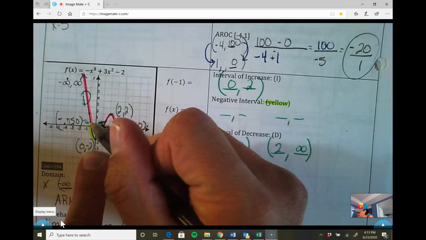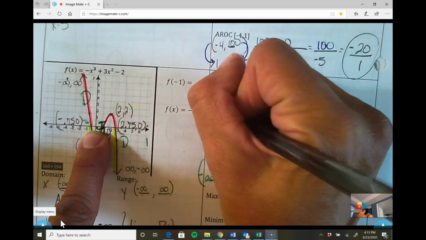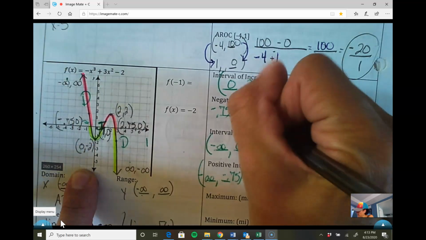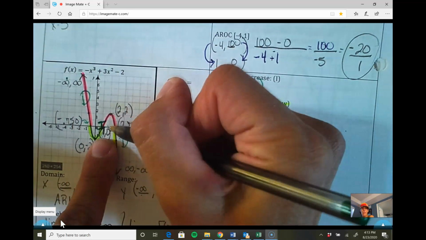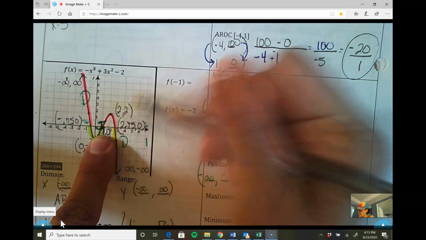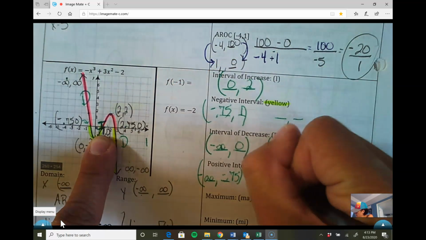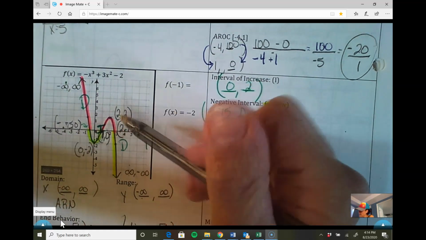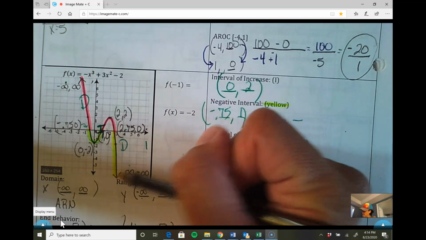And then we start with negative, so we pick back up at the -0.75 until we get to 1. And then we have another positive stretch from 1 until we get to this 2.75. And then we have our last negative stretch of 2.75 to infinity.